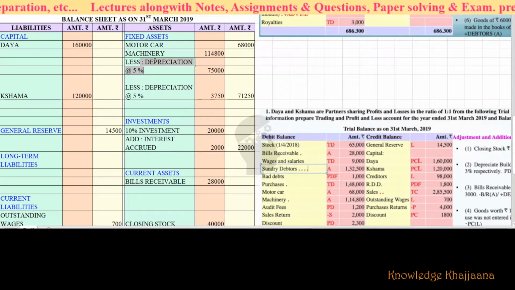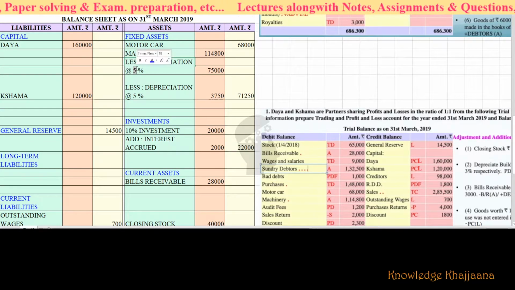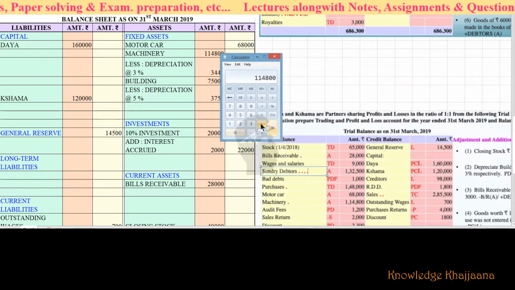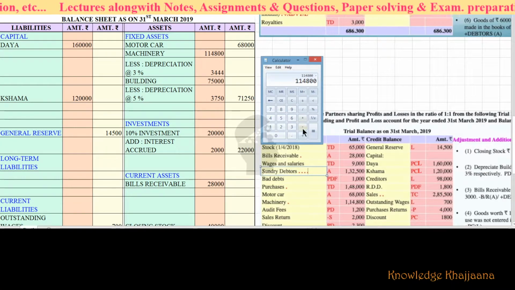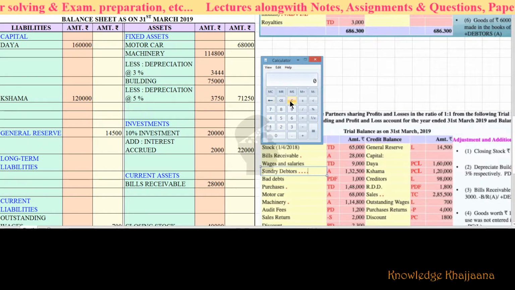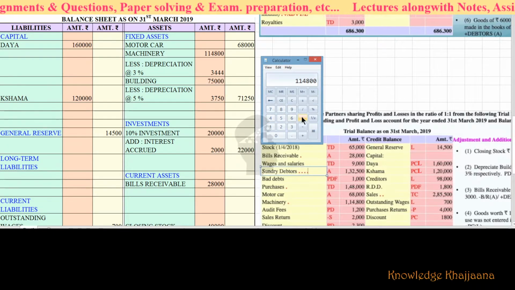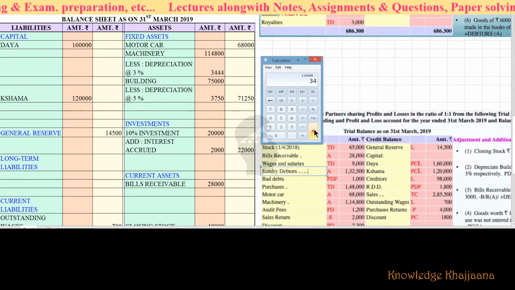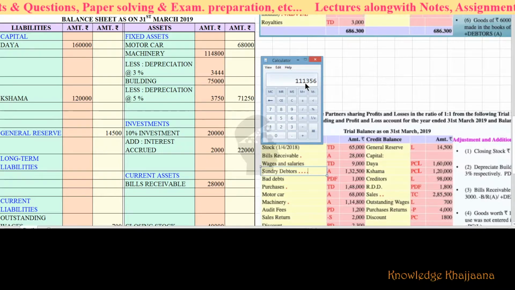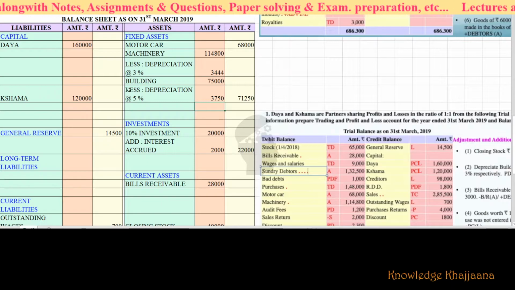Less depreciation. 1,14,800 minus 3,444 is equal to 1,11,356.